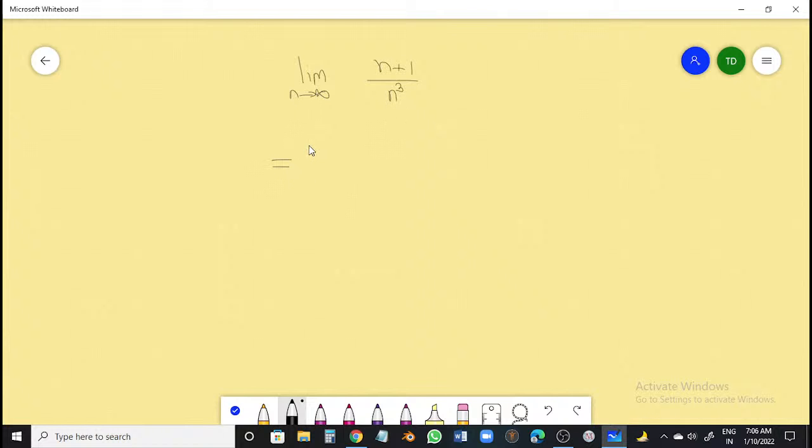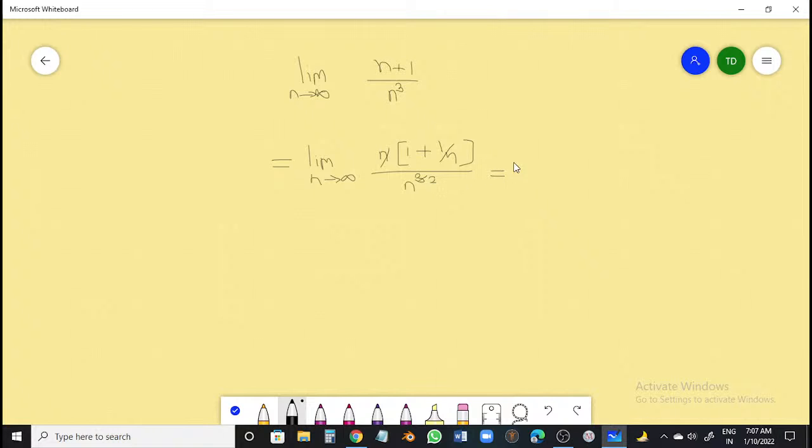So limit n tends to infinity, as you know, from the numerator I will be getting only n common. In the bracket I am left with 1 plus 1 over n. In the denominator there is a single term n cube, and let us cancel this n. If I cancel, I am left with n square in the denominator.